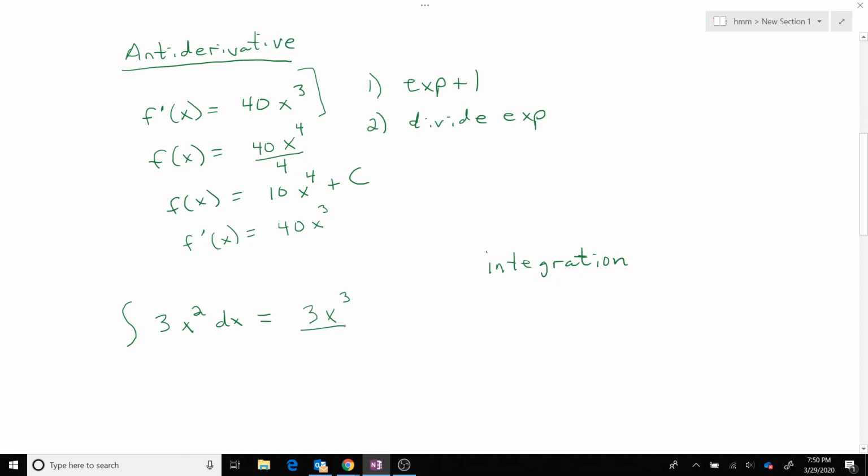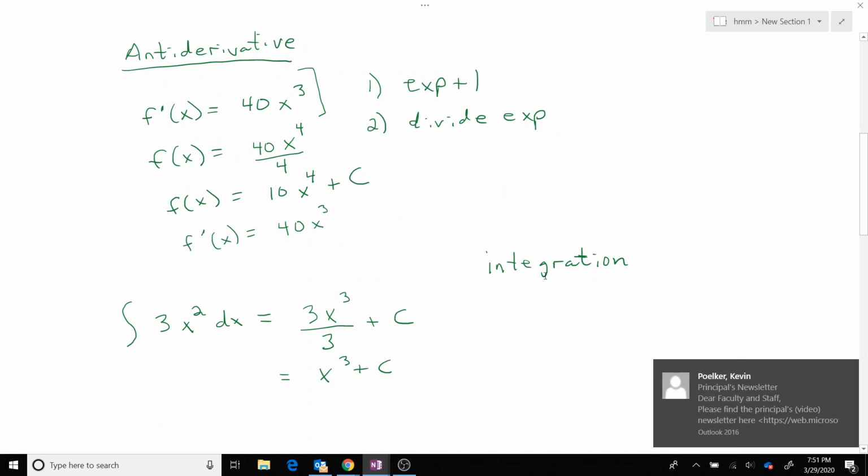I need to divide by 3. And then remember, I always got to put this c out here. So the answer to this problem is x cubed plus c is the antiderivative of 3x squared dx. Let's check. If I took the derivative of x cubed plus c, I would get 3x squared, and this c would disappear if it was a constant. I've got a correct answer there.